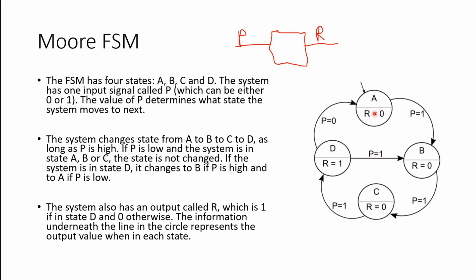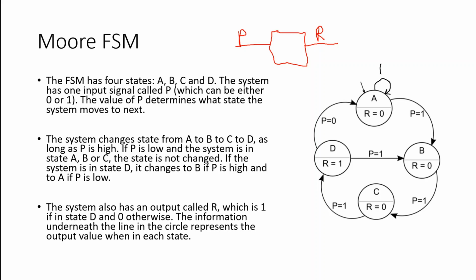What about when I'm in A, B, or C and P is equal to 0? Even though these values are not stated in this state diagram, what's actually going to happen is, when I'm in state A and P is equal to 0, nothing happens.